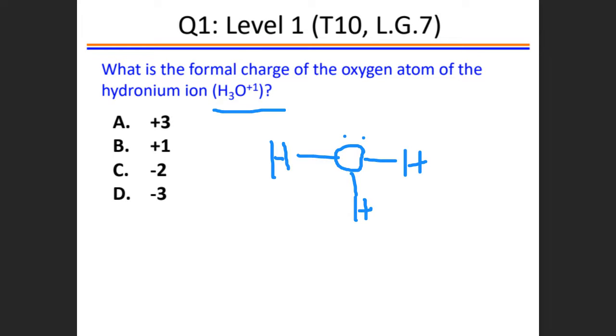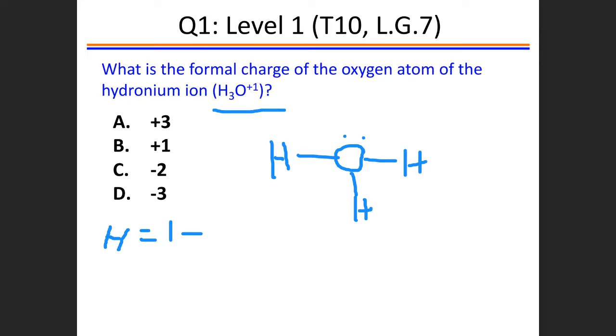Now let's calculate, first for one hydrogen. Because they're asking for the oxygen, if we calculate one hydrogen and the oxygen, we will find our result. So first for hydrogen: the valency electron equals 1, minus the non-bonding electron. Do we have a non-bonding electron here? I don't think so.